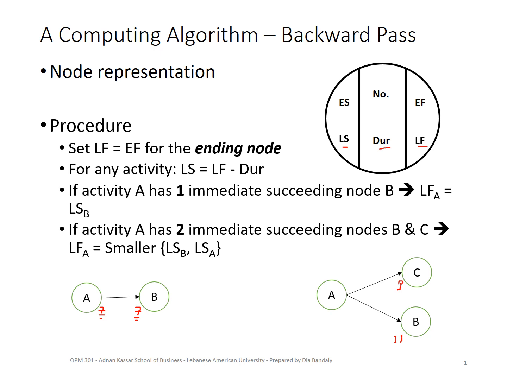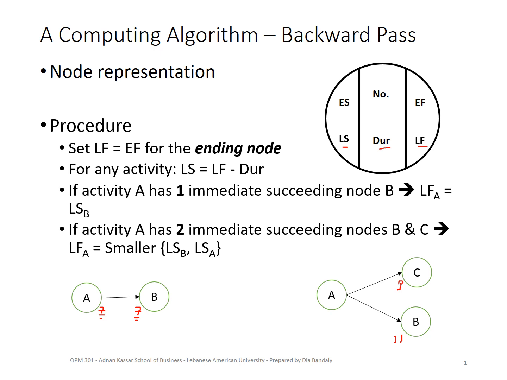So what can be the latest finish of A? C has a latest start of 9 and B has a latest start of 11. When do you think will be the latest finish? How can we allow A to finish at its latest?